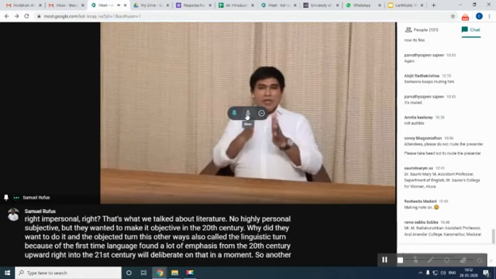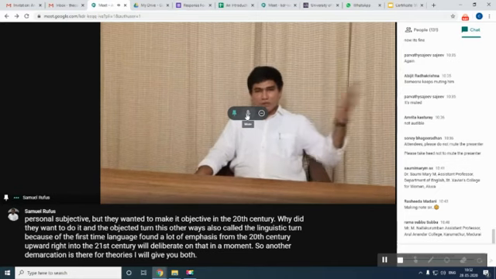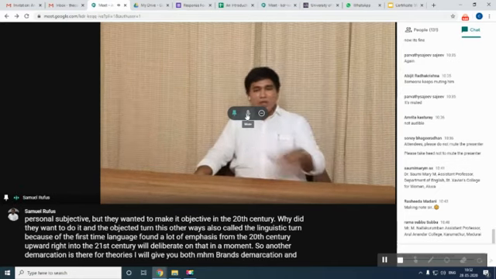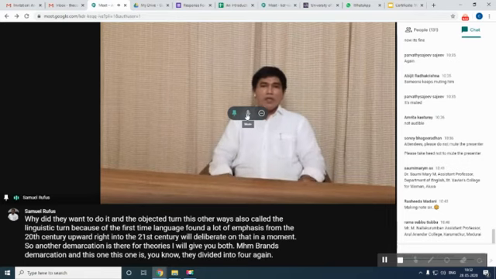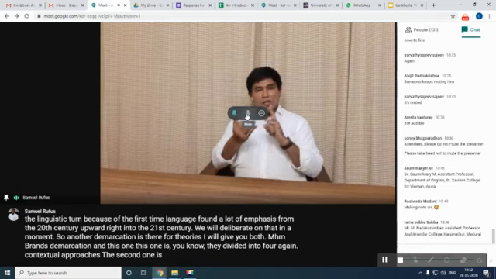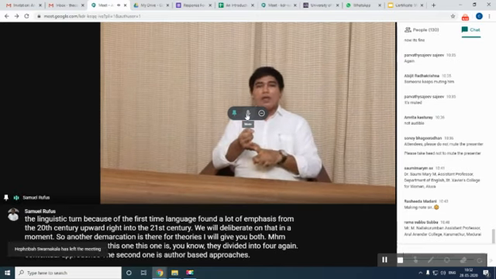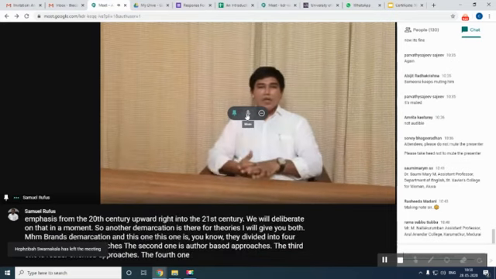So another demarcation is there for theories. I'll give you both, M.H. Abrams' demarcation and this one. They divided into 4 again. Contextual approaches. The second one is author-based approaches. The third one is reader-oriented approaches. The fourth one is textual approaches.